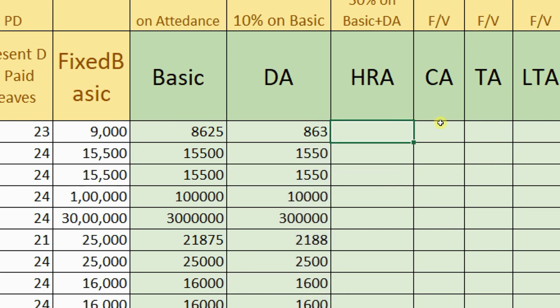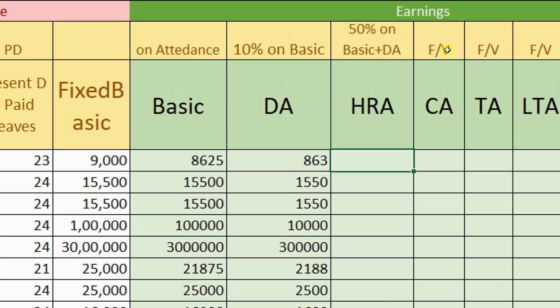Next, what do you have? HRA. HRA is a pay head offered by an employer to the employee for accommodation. So it is again not mandatory. Some companies do maintain it, some companies do not. But there is a rule. Every registered company in a metropolitan city should pay 50% HRA on basic plus DA.